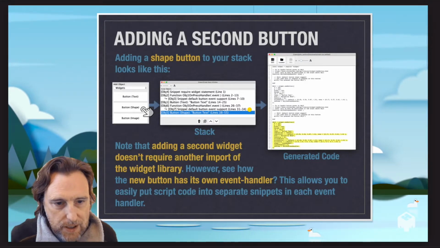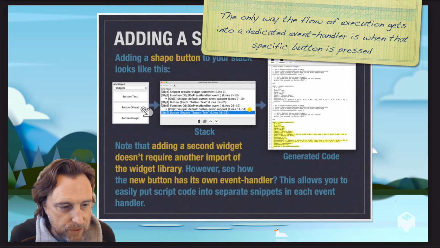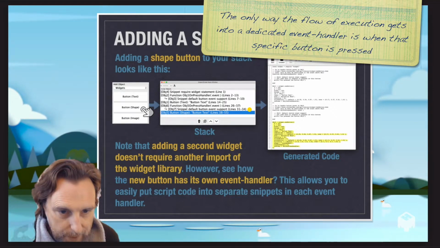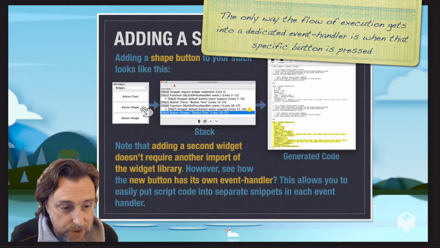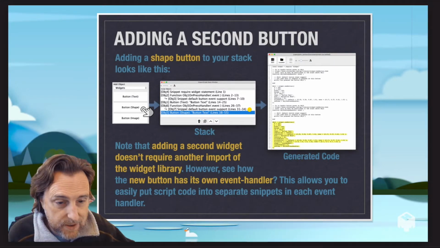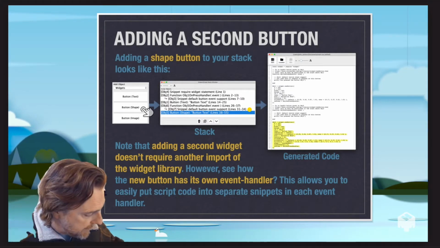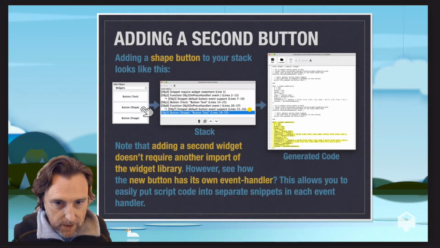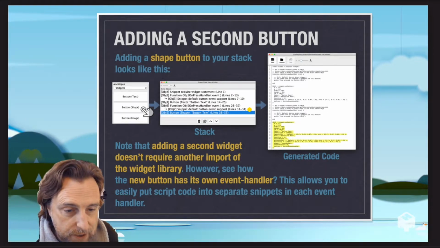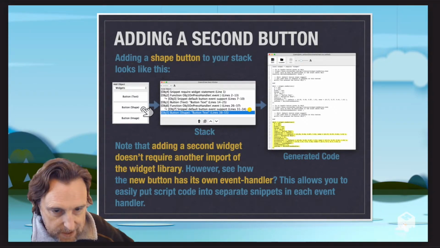So there's no need to try to figure out which button was pressed, because you know which button was pressed in each of the event handlers, because it's dedicated to just that button. It makes some sorts of programming much easier to do it this way, although on occasion you will get to the point where you think, well, no, I really need to consolidate handling of these buttons together in a single function. And if that's your need, that's easy to do as well.